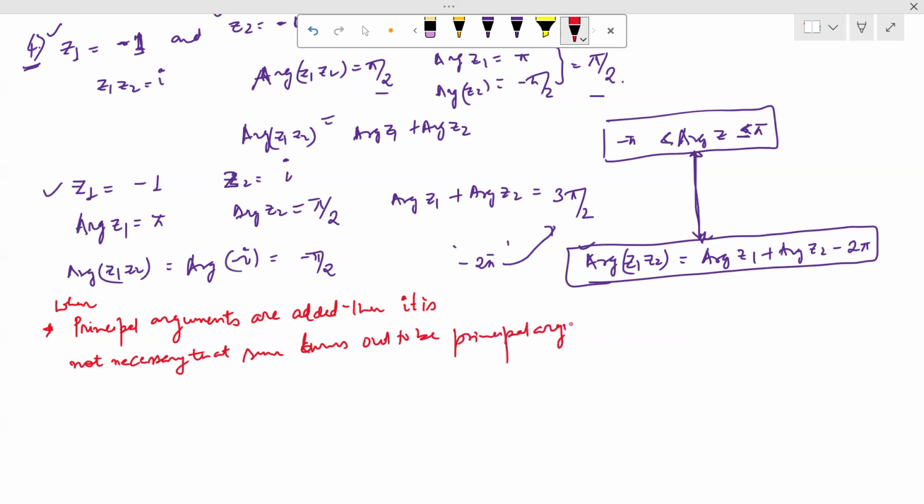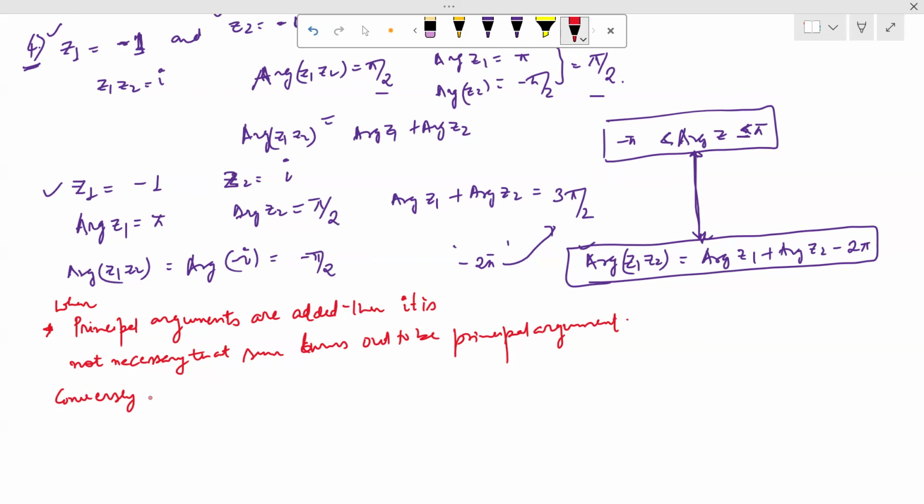So in order to make it a principal argument, you need to do certain mathematics, but overall the attempt should be to put it in minus pi to plus pi. And conversely, by the above property, argument of Z1 Z2 is equal to argument of Z1 plus argument of Z2 modulo 2 pi.